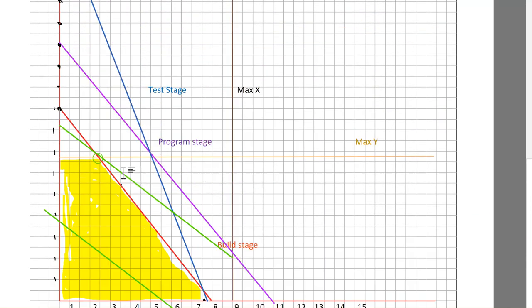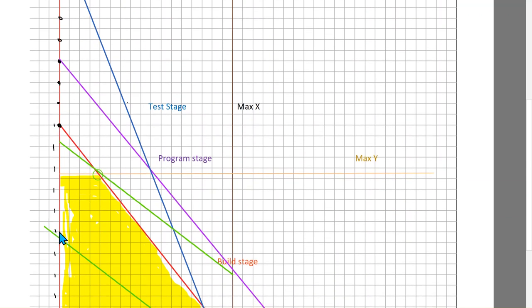And for y, 1, 2, 3, 4, 5, 6, 65, and then a little bit higher than that would be 66. Let me drop it a little bit, because it is only 1,000. So it should be somewhere here.